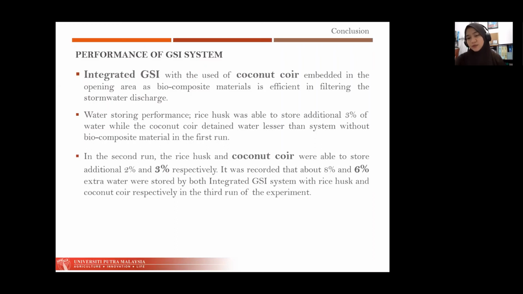This may be due to the characteristic of the coconut coir, which is slow in absorbing water. So in the second and the third run, the storage capacity increased to 8% and 6% for rice husk and coconut coir respectively.